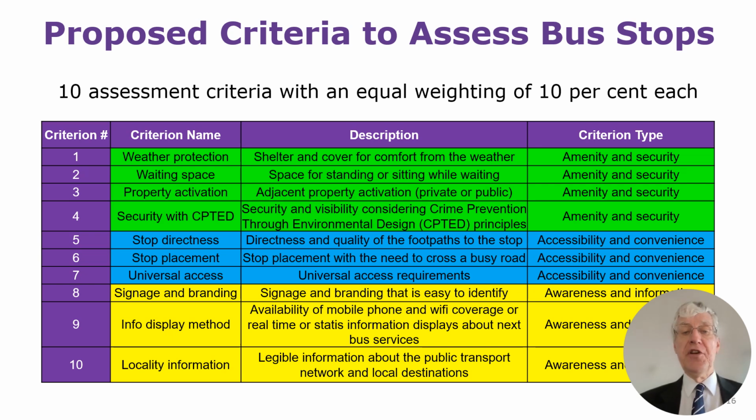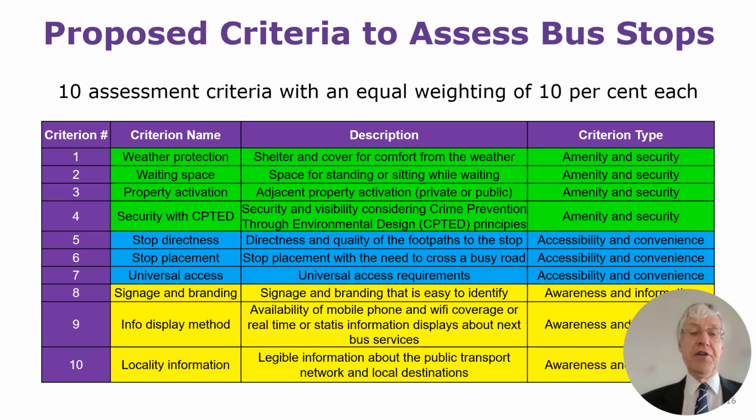This tool applies a multi-criteria analysis framework with 10 assessment criteria to consider the customer's perspective, as shown in this table. 4 criteria apply to amenity and security to address the needs for the level of cover provided for all-weather protection, available waiting space while allowing for other pedestrian movements, property activation for security with private or public spaces, and security with crime prevention through environmental design principles, also known as CPTED.